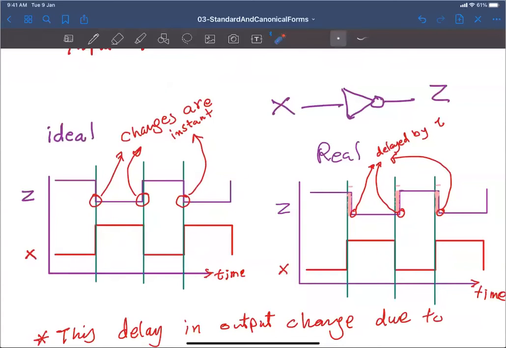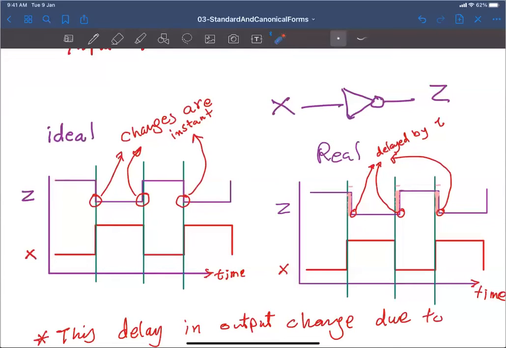Since the input here is 0, the output is going to be 1, and it will remain a 1 until the input changes from 0 to 1, at which point the output will change instantaneously from 1 to 0, and so on. The bottom line is that the output doesn't have any delay with respect to the input. This is the ideal case.